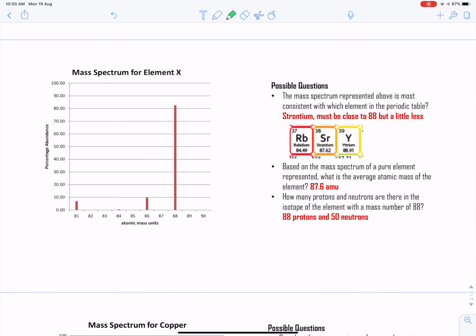So we found out that the most abundant is 88. And you have all these other isotopes which are actually smaller in percent abundance. And so when you take the average of this, we know that it's going to be close to 88, but a little less than 88.